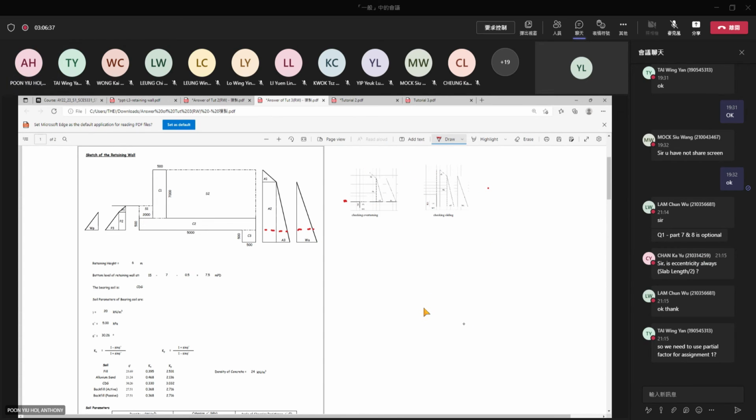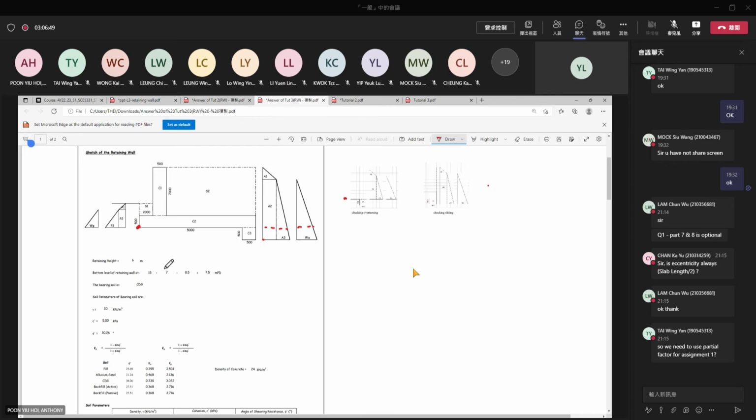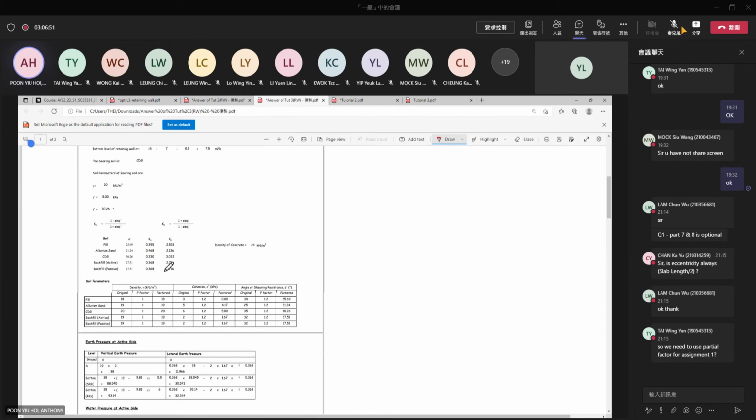So when we are checking overturning, we take moment about this point. But then for sliding, we actually extend the pressure. So in this case, we have to adjust the friction angle. So here we are actually using this.